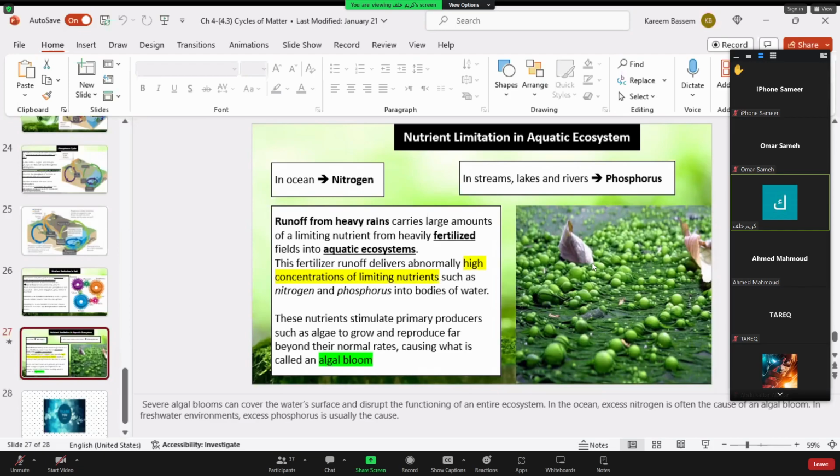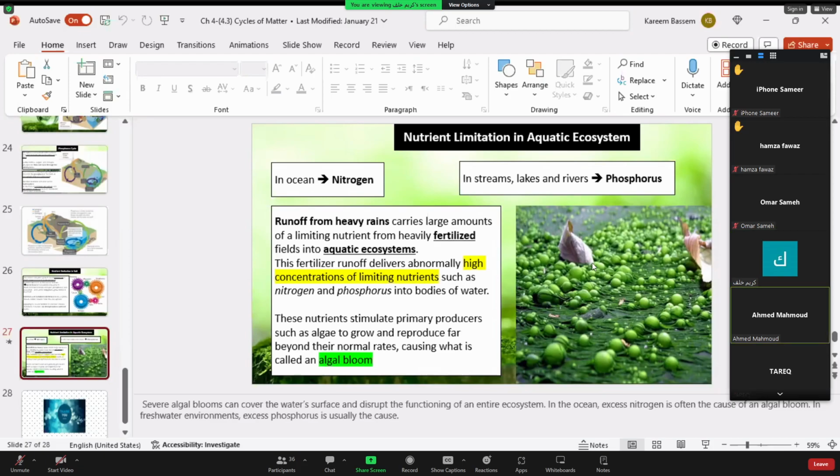This adds a lot of nutrients to the aquatic ecosystem. When there are excess nutrients, there will be more growth of algae in water. This is what is known as algal bloom. As you can see in the photo, algal bloom blocks sunlight from getting to the organisms living in water.